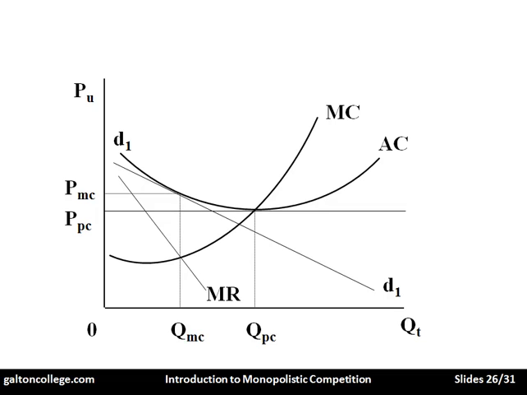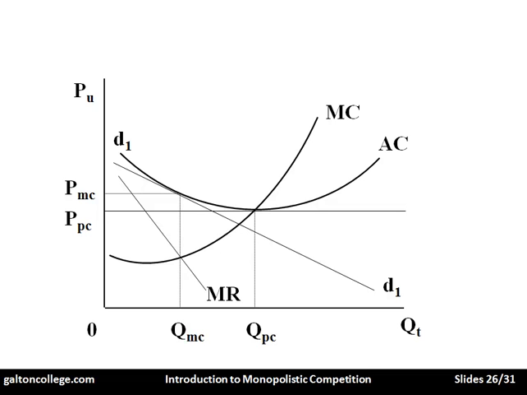So now we have a contrast between PMC, the price under monopolistic competition, and the price under perfect competition, which is horizontal, as we can see.